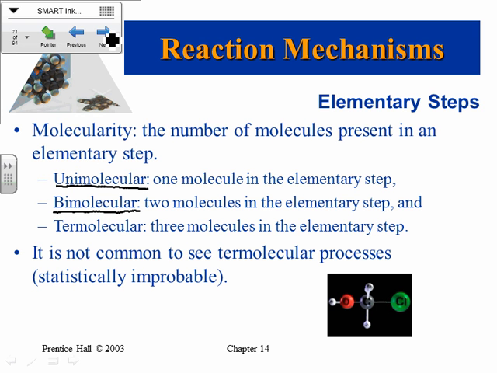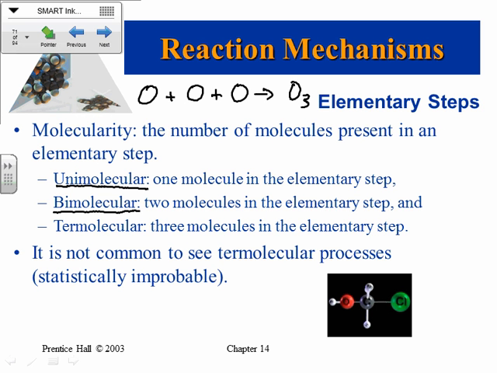You have two things colliding with one another, maybe a chlorine colliding with another chlorine to form Cl2. Okay, so that would be a good example of a bimolecular step where you've got two things that are colliding with one another and they're forming a product. Termolecular would have to be something like O plus O plus O yields O3, which is ozone. Well, it's a good example because this doesn't happen.